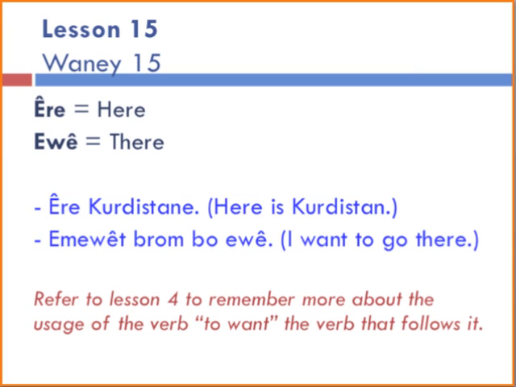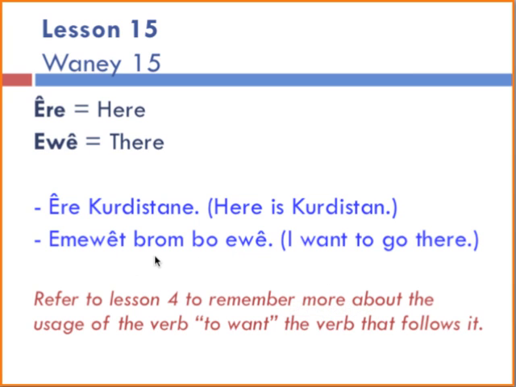About the second example, with the usage of to want, I would recommend you to go back to lesson 4 if you've been following along this sequence of lessons. In lesson 4, we have talked more in detail about the usage of this verb and also the verb that usually follows it.